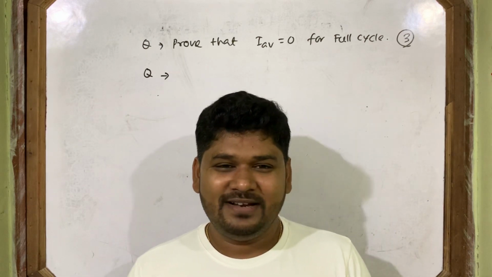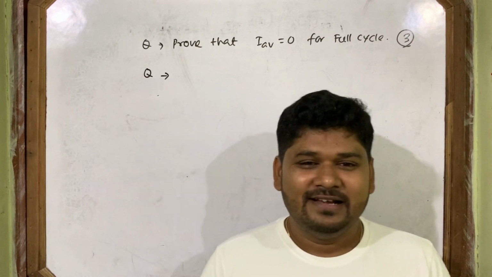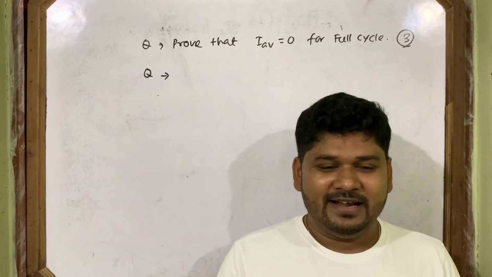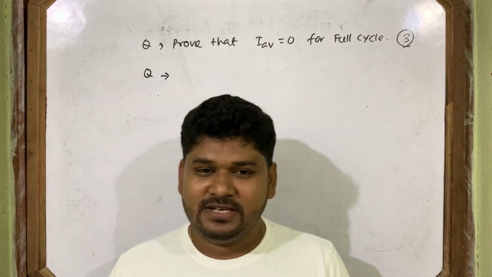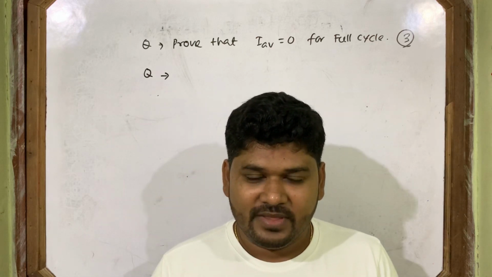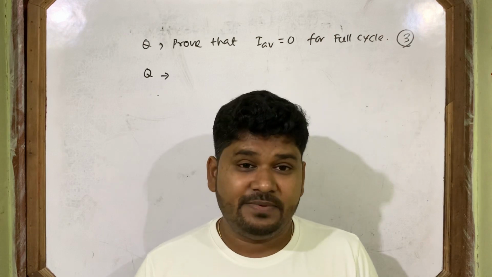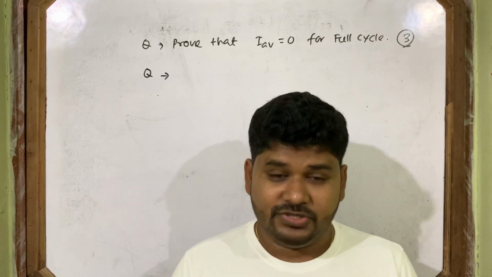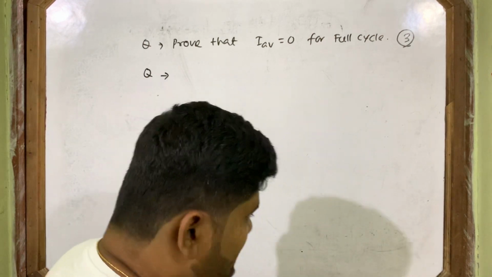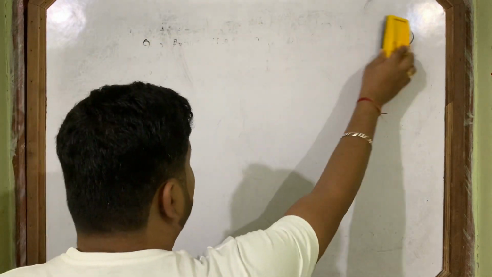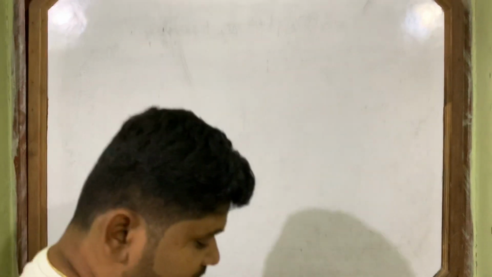But it's not like that. So an ordinary galvanometer cannot measure alternating current because a galvanometer always measures average value, and the average value of AC is always 0. This is the answer. So this is about the average value.